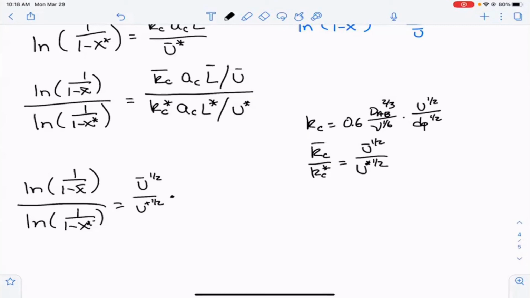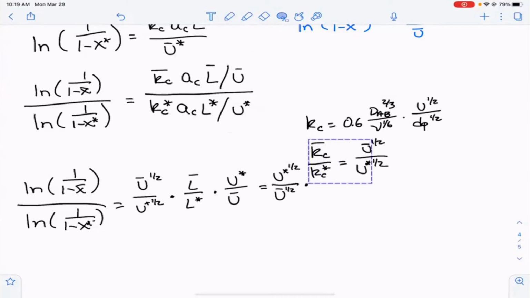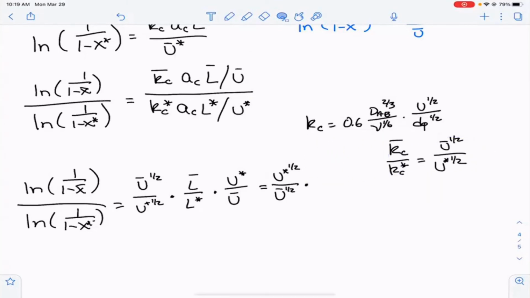Now we have different reactor lengths, so this is still L bar over L star. And then from this division we also have U star over U bar. So this at the end of the day just equals U star to the 1/2 over U bar to the 1/2 times the reactor length, L bar, over L star.